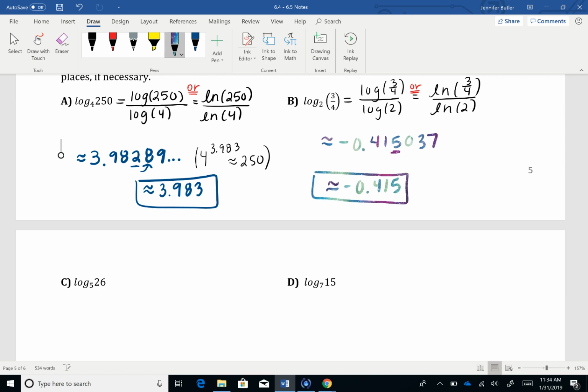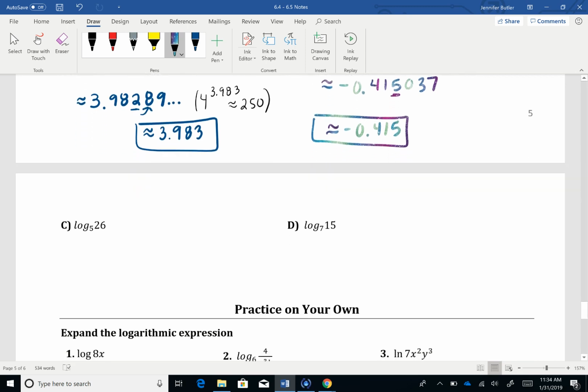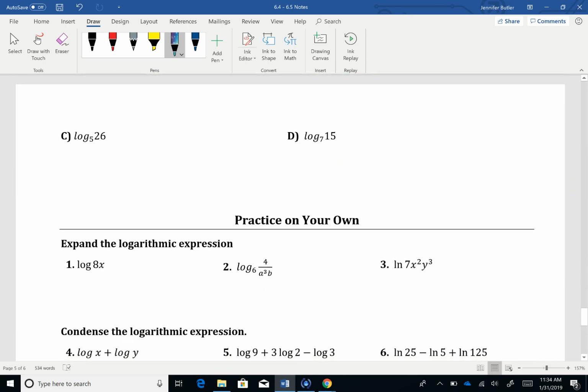Okay, 2 more. Log base 5 of 26. Again, 26 is not a perfect power of 5, so let's use our change of base property. Let's take the log of 26 and divide it by the log of 5.